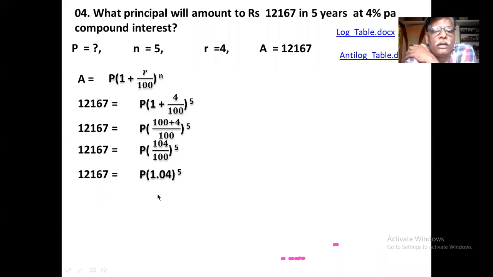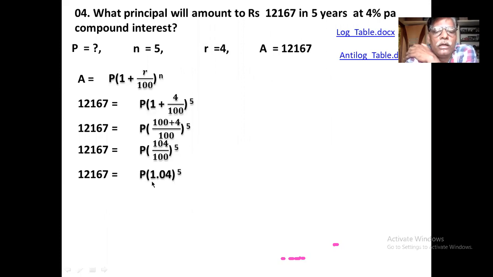Okay. Then the next step, P is multiplied with this bracket. You see here. P is multiplied with this bracket. If you take this bracket to the left hand side, what happens? You tell me this next step. Anyone tell me the next step?